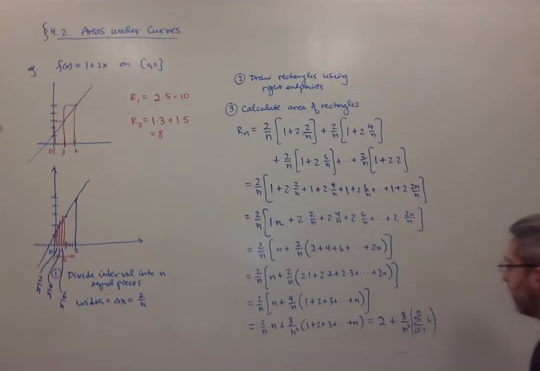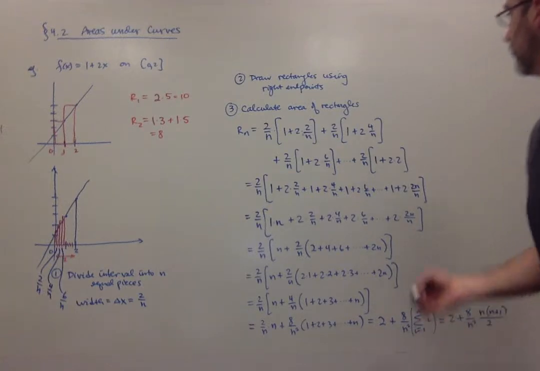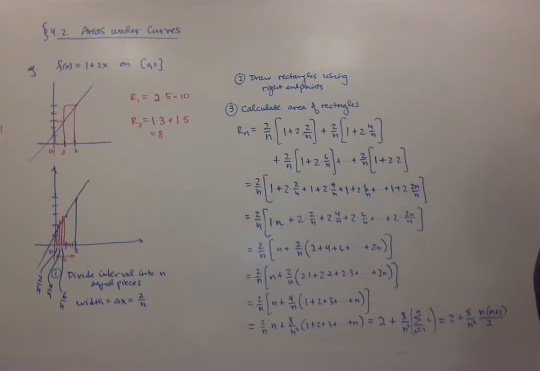Remember that? If I want to add up the numbers from 1 to n, that turns out to be n times n plus 1 all over 2. Okay? So let me continue up here to finish this off.